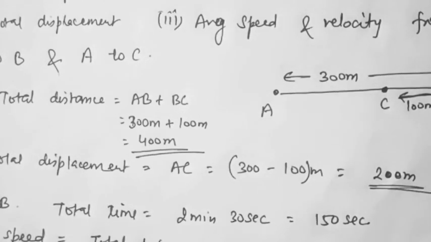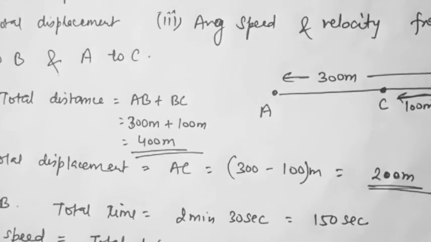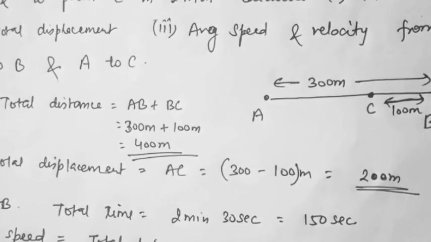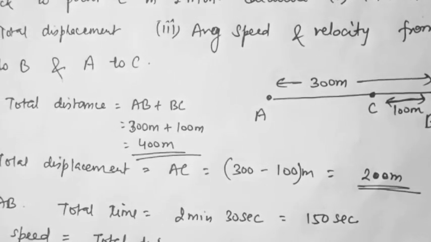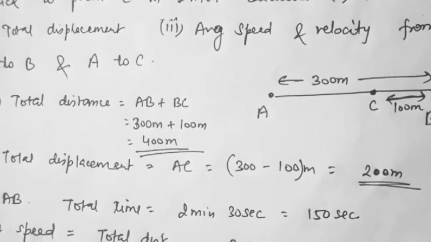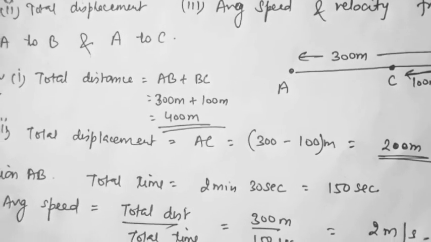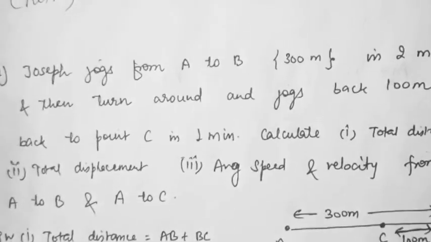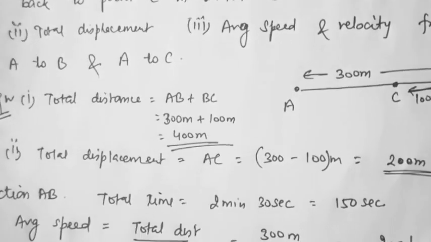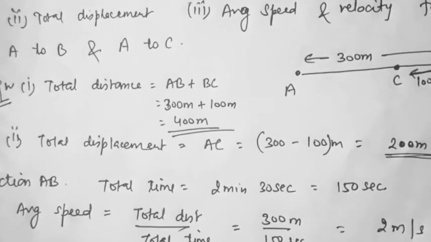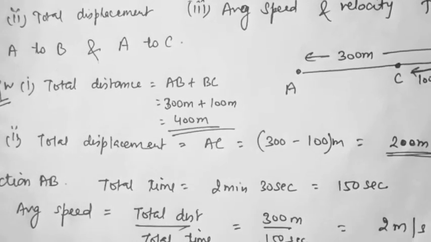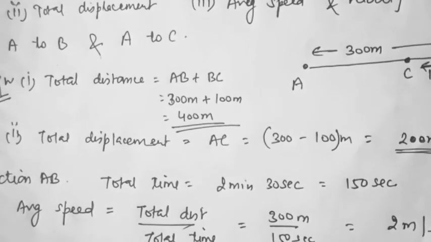Now if we talk about section AB, what would be the average speed and average velocity? In section AB, the total distance covered is 300 meter and the time taken was 2 minutes and 30 seconds, so that becomes 150 seconds. Average speed is total distance upon total time taken, that is 300 upon 150, that is 2 meter per second.